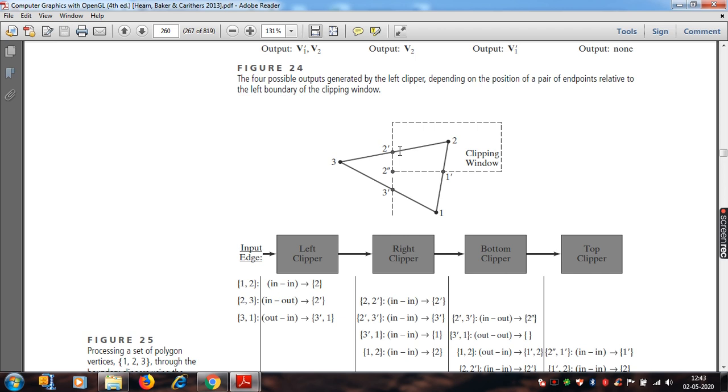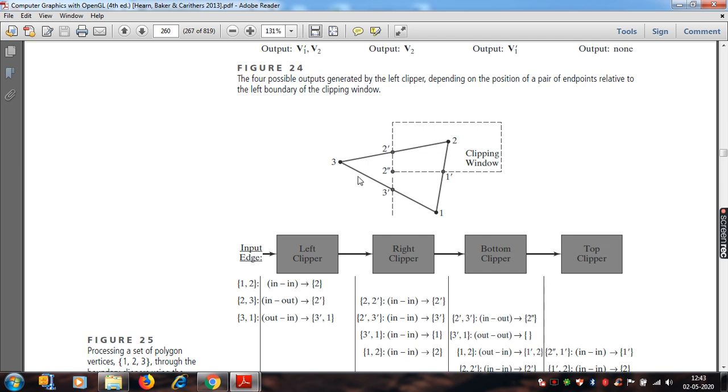We know it is a left clipper, so inside to outside there is a point that is crossing the left side boundary of the clip window. We have to shorten this one. Now 2 to 3 is there, and we are going to clip this particular portion, so it becomes 2 dash. So what will be the output? The new vertex that is generated, 2 dash, will be the output for the next stage.